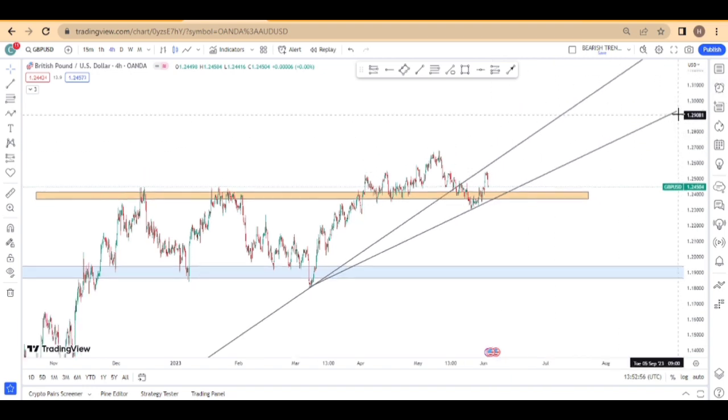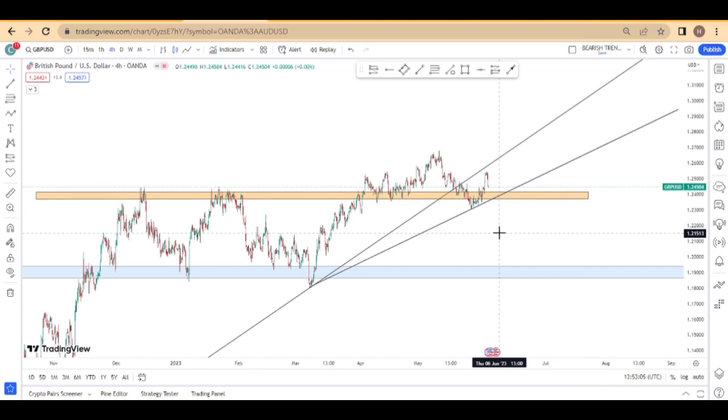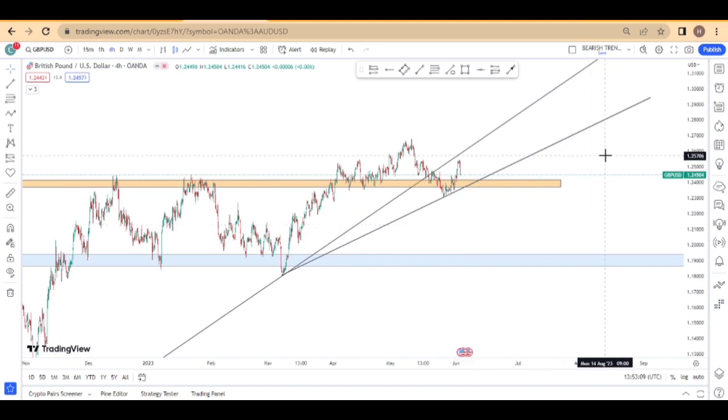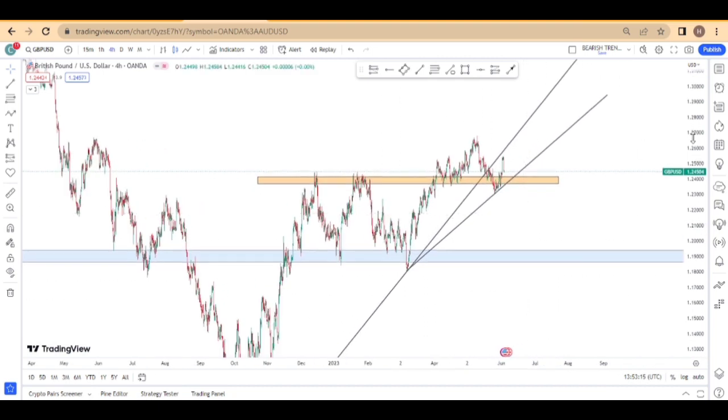So the only thing that will get me interested in this market is if price comes here to break this trend line with a bearish candle. By then I'll be interested in shorting this market completely, but right now I'll sit on my hands throughout next week to watch what this price will do around this region.